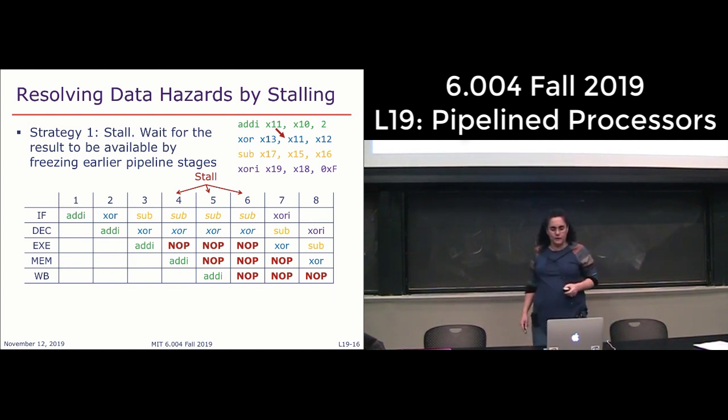Okay, so, well, good. Now what's going to happen is that in cycle 6, my exclusive OR is finally going to be able to read the updated value of X11. And so from there, it's able to proceed down the pipeline and continue execution. All right? So now we're going to get correct behavior, but what's the problem with this? What happened to my CPI?